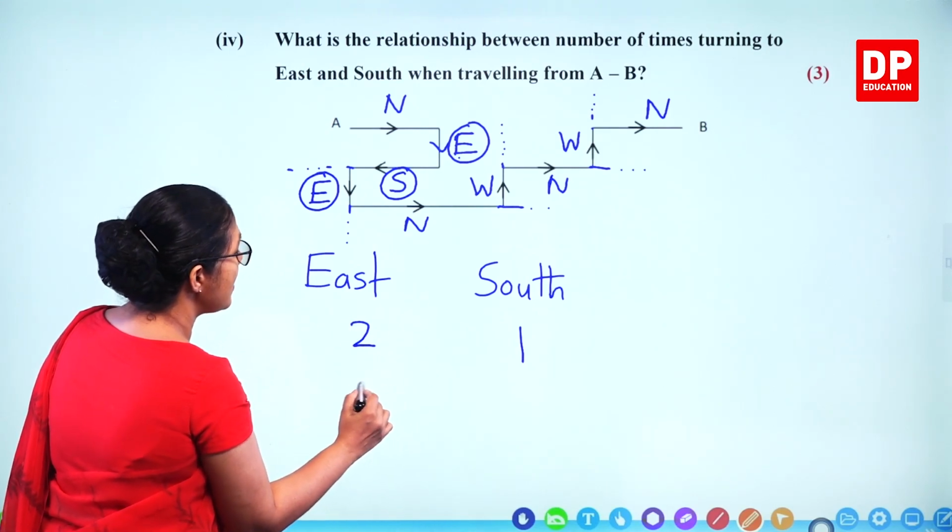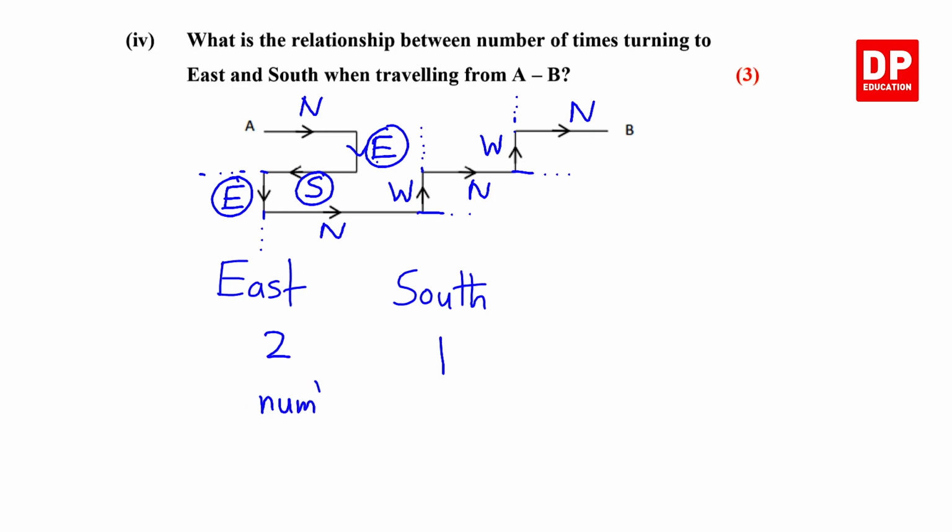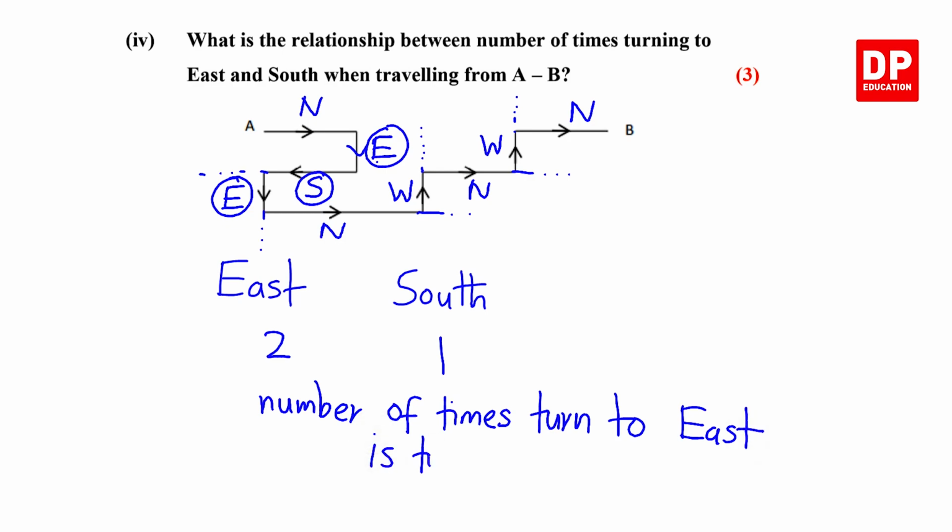So you can write: number of times turn to east is twice as number of times to south side.